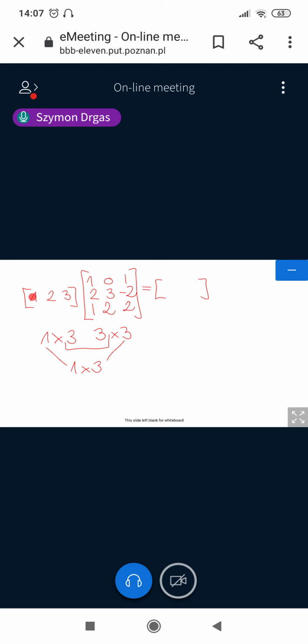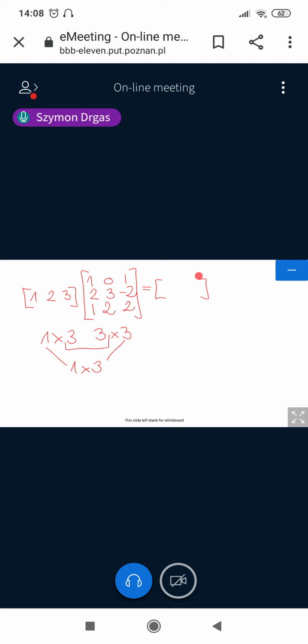During the previous classes, I told that each row of the resulting matrix, so in this case the only row, is a linear combination of rows of the right-hand matrix, the second matrix in the product, and the coefficients of these linear combinations are in the rows of the left matrix, the first matrix.